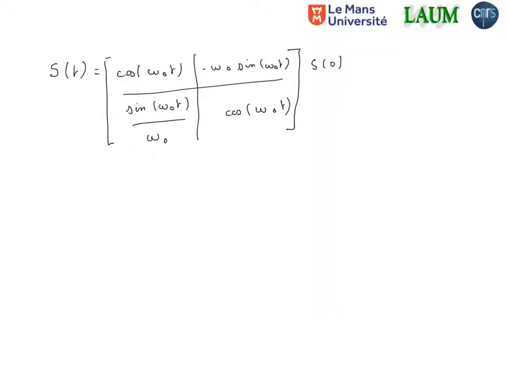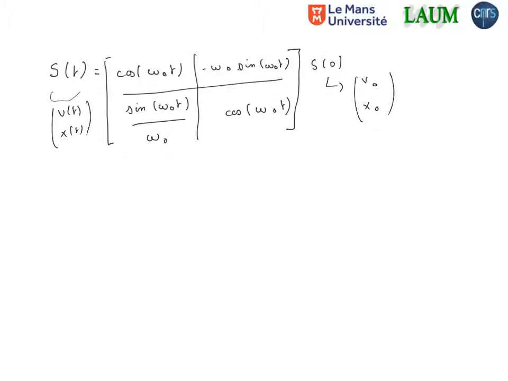So the final step is just that we have the expression of the state vector at time t, s of t, which is the product of the transfer matrix, which depends on t, times the vector of initial conditions. So this is v0 and x0. And then this s of t is equal to v of t and x of t.